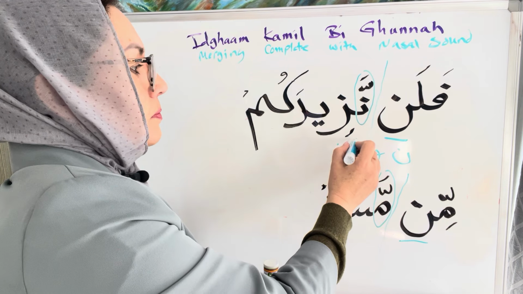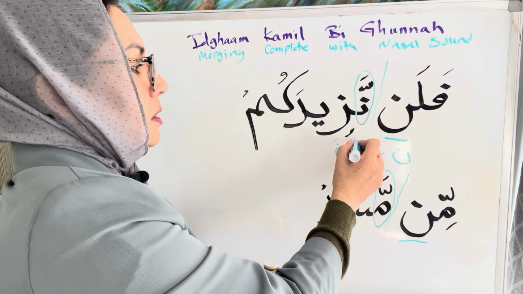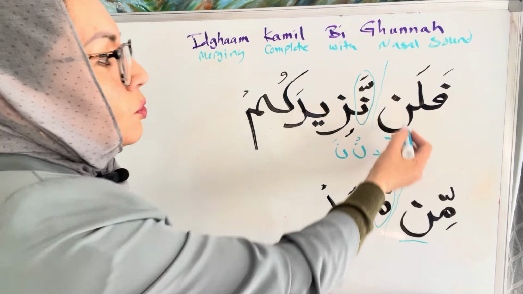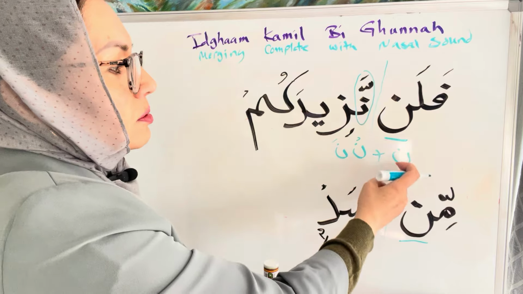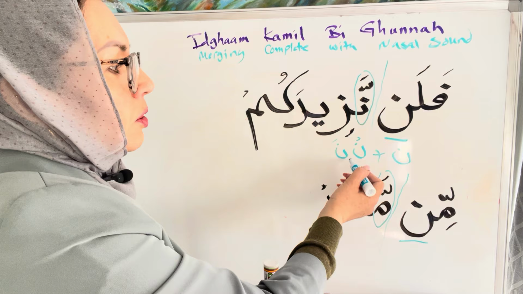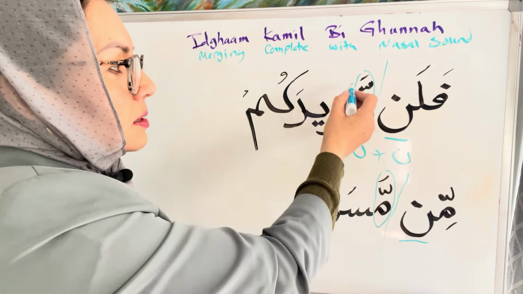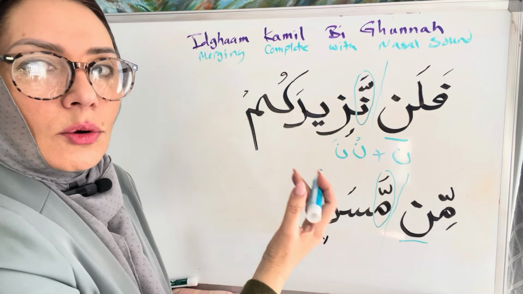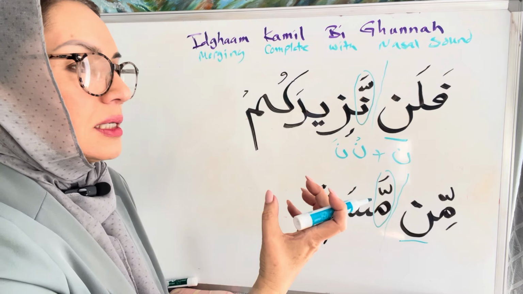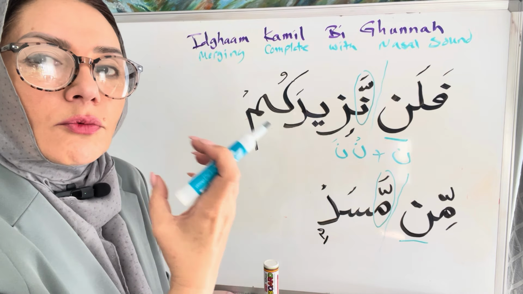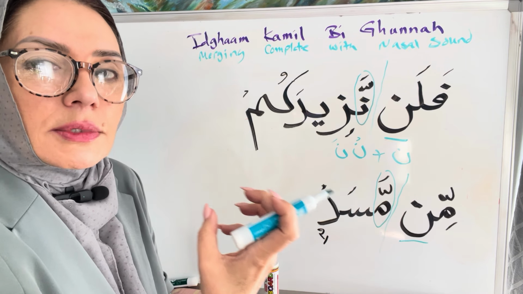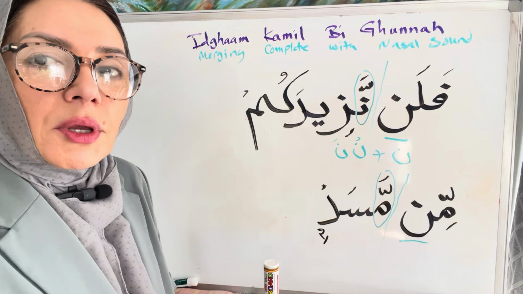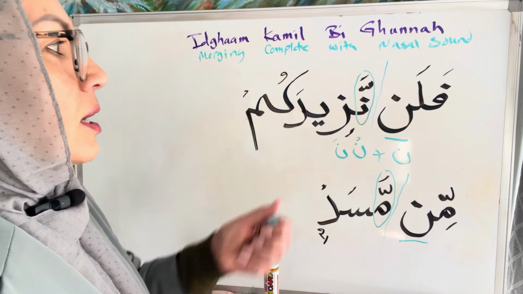I think this one has a fatha, this one has a sukun. So this noon, it's almost like you don't even read it. You just go to this noon right here, and this gets assimilated to this. So it becomes falan nazidakum. Falan, you hold it, and when you're holding it, that nasal sound comes out automatically. And the rule is that we hold this for 2 beats or 2 counts, and that's how it's read.